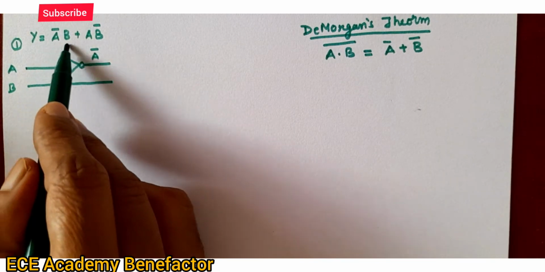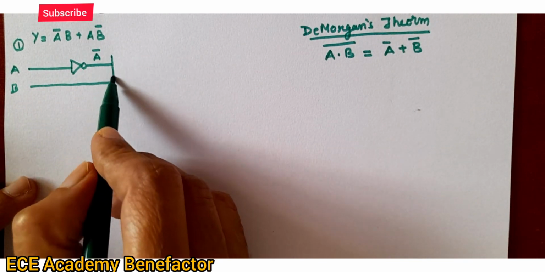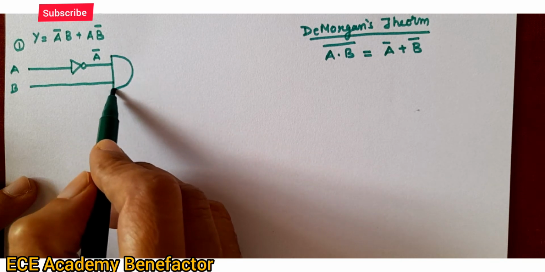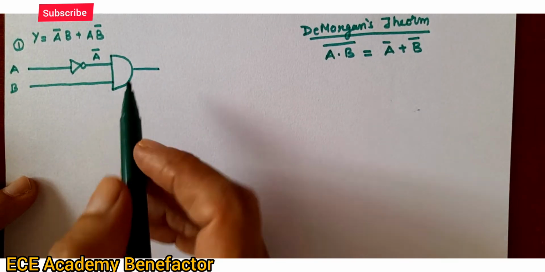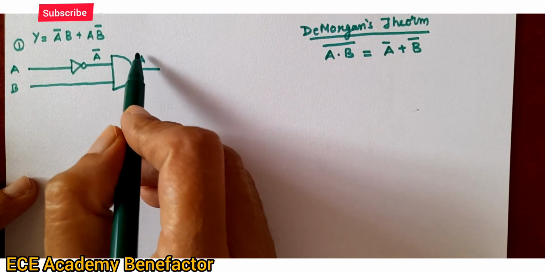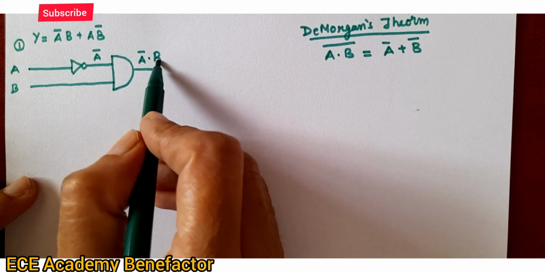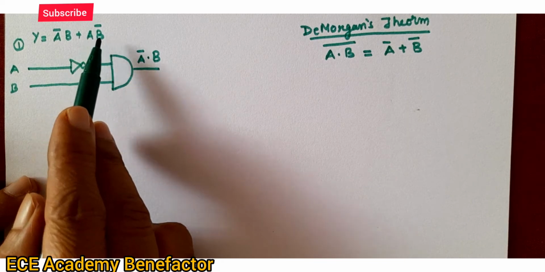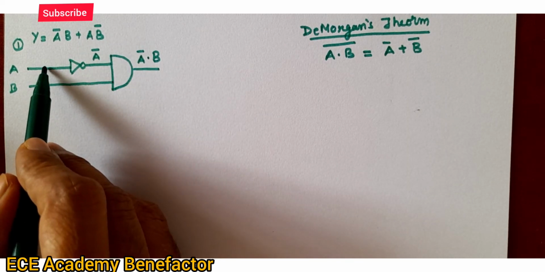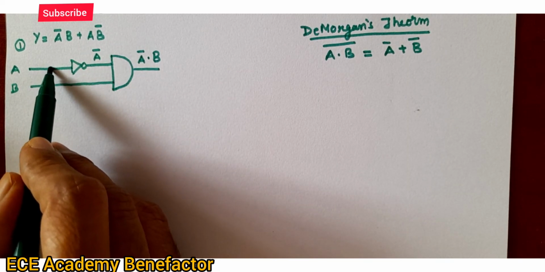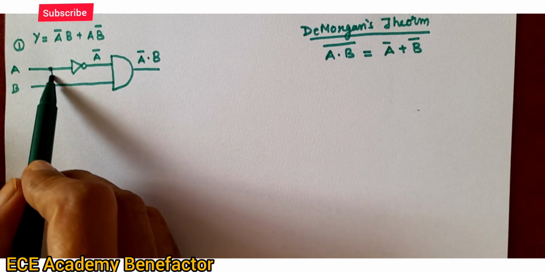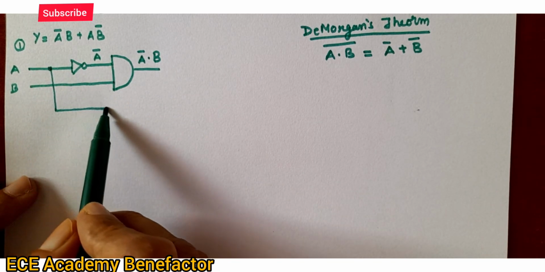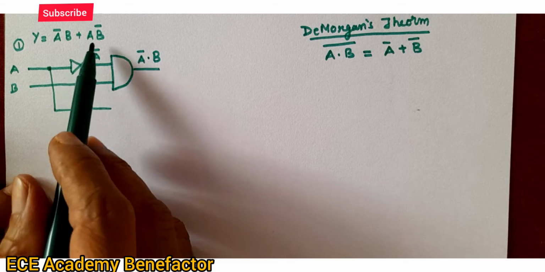We have to give it to which gate? An AND gate. So, given to an AND gate. So, what we are getting here? A bar dot B. Now, what is the next term we need to get? A dot B bar. So, from here if you darken this point, it means you are taking A and you need B bar.